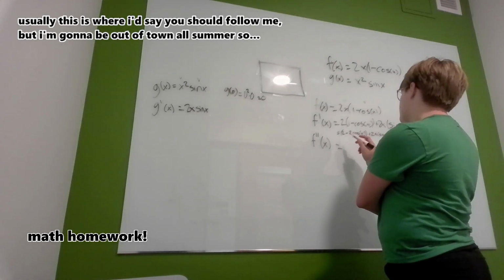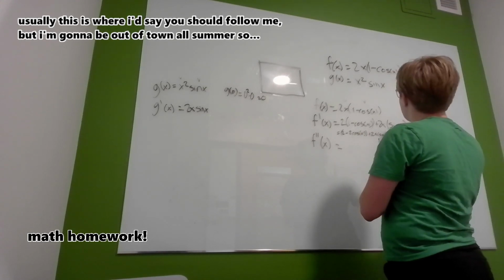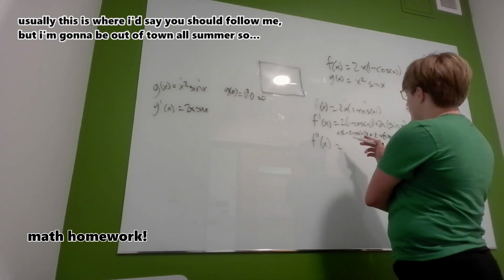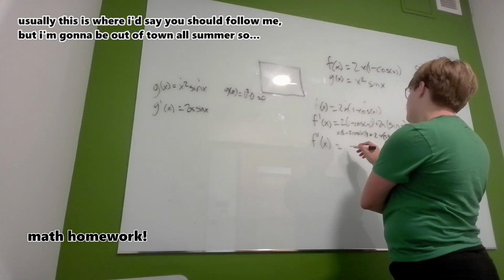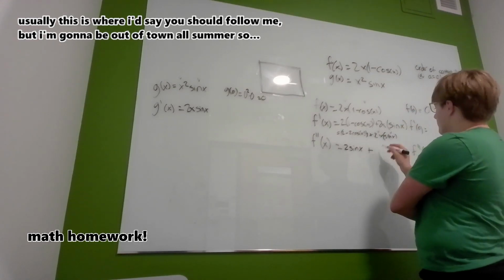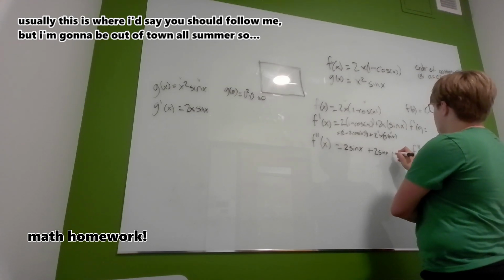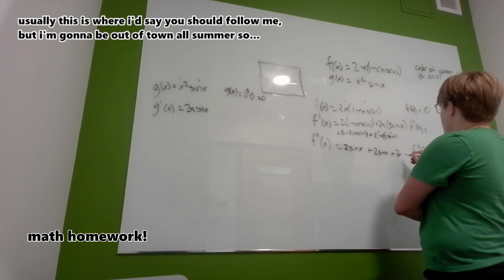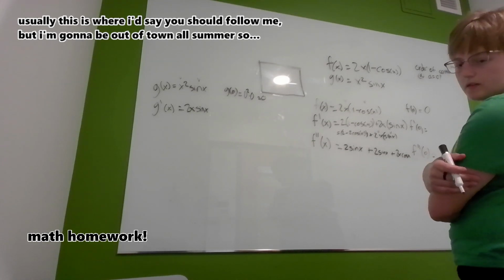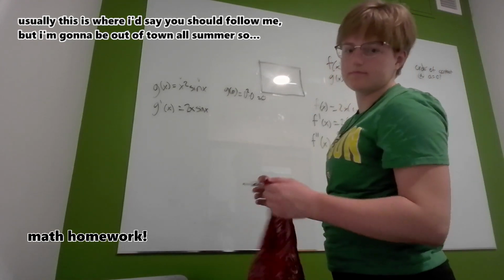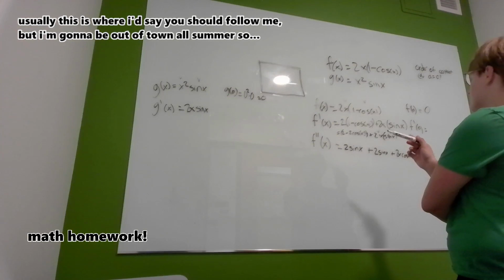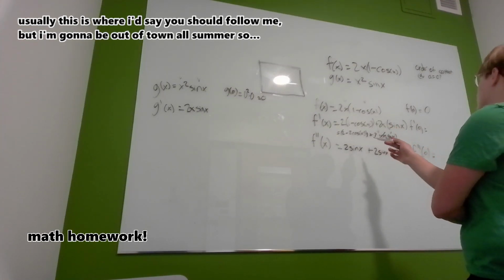It's 2 sine x plus u prime v plus u v prime. 2 minus 2, which is what that is, 0 plus.